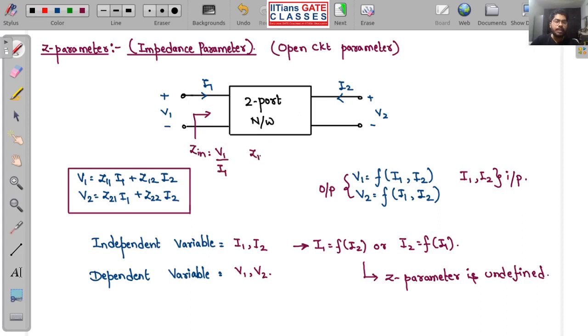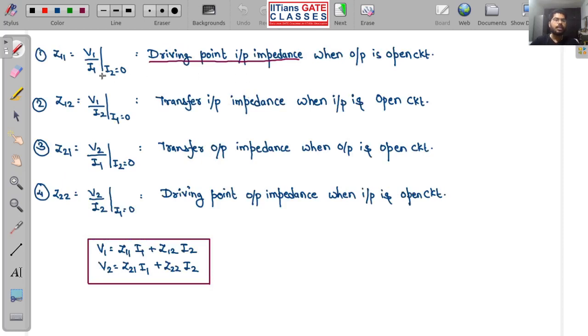Now if I write Z11, it is conditional, and the condition here is when I2 is equal to 0. So this is my conditional input impedance, while this is the normal input impedance of the circuit. Remember: Z11 is driving point input impedance when output is open circuit.